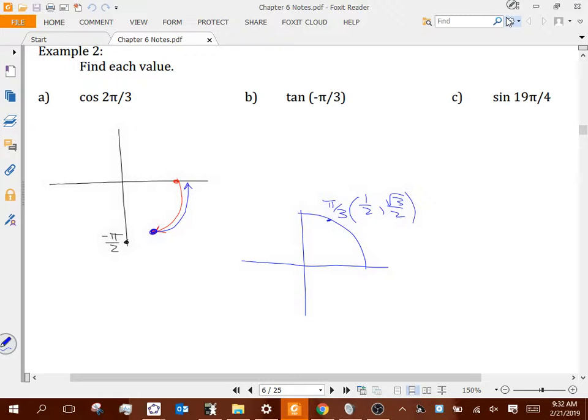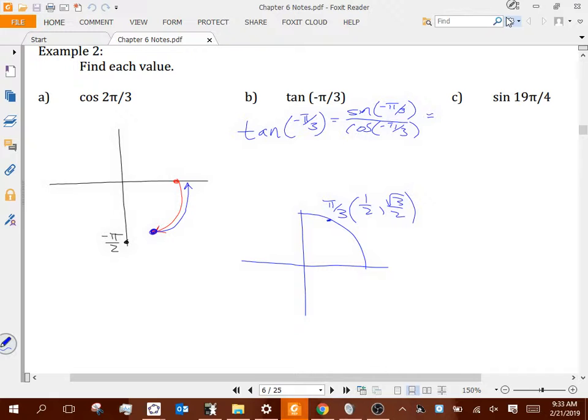Tangent is sine over cosine. So tangent of negative pi over 3 should be the same thing as sine of negative pi over 3 divided by cosine of negative pi over 3. Make sense, everybody?